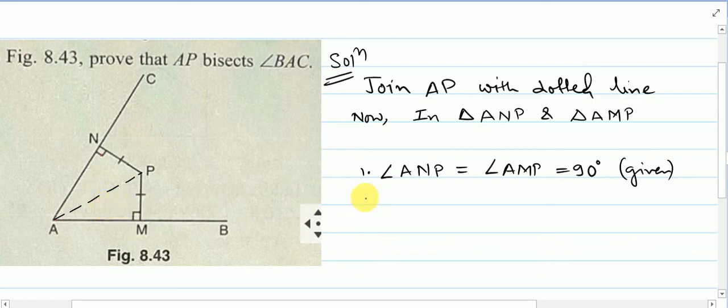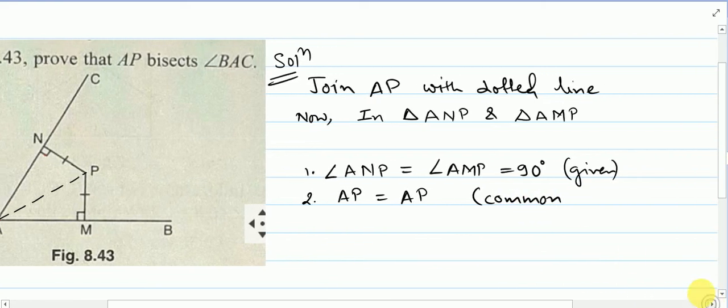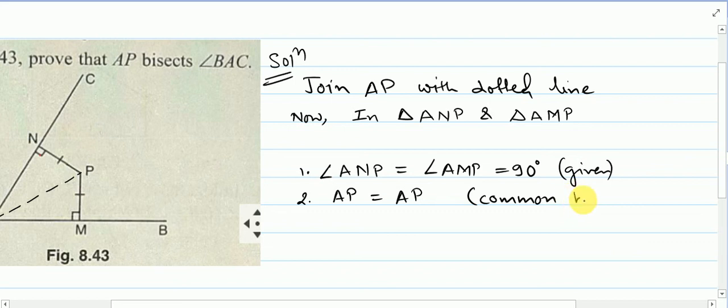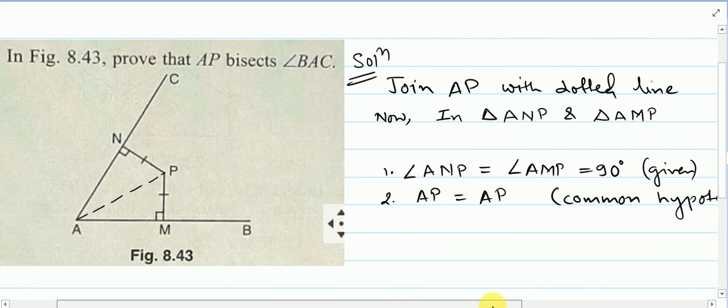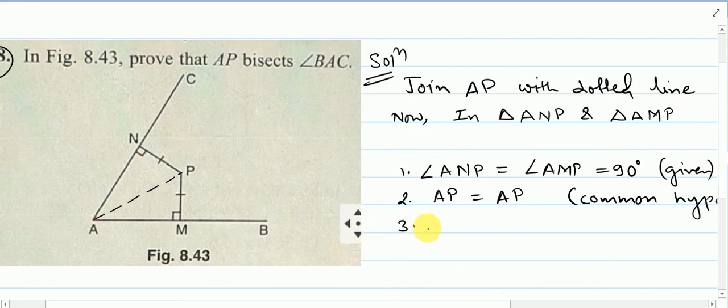Number 2, AP equal to AP, common hypotenuse. Then thirdly, PN is equal to PM, given to us.